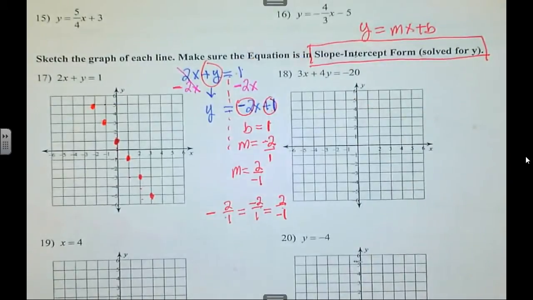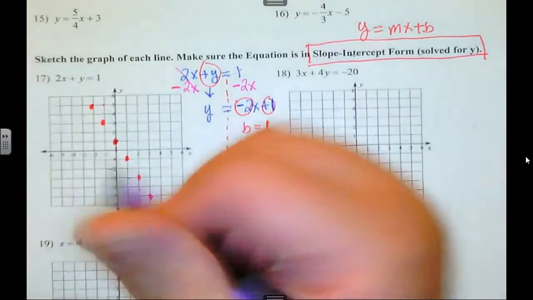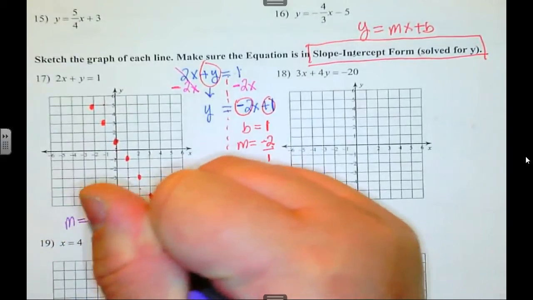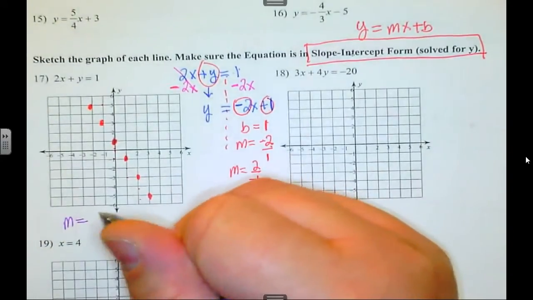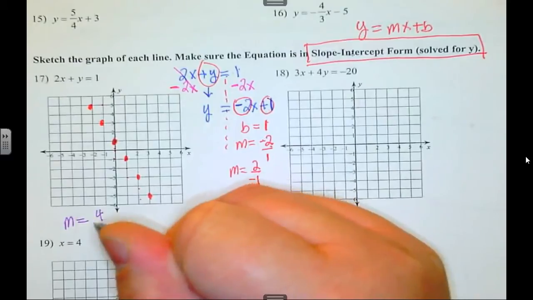Now, you're wondering, what's the difference? There really is no difference. Sometimes, though, when our slopes are a little crazy, like 8/5 or something like that, it might go off the graph in one direction. And we want to change it to the other direction so that we can get it fitted on our graph. Another way we could change fractions, suppose my slope was 4/5.